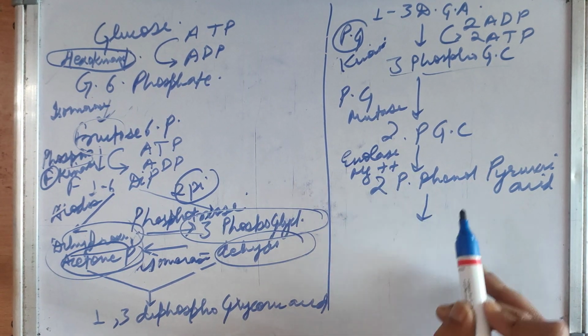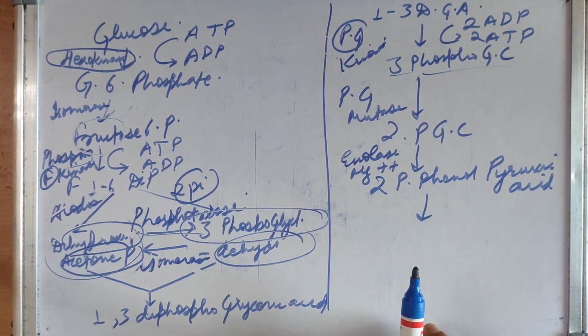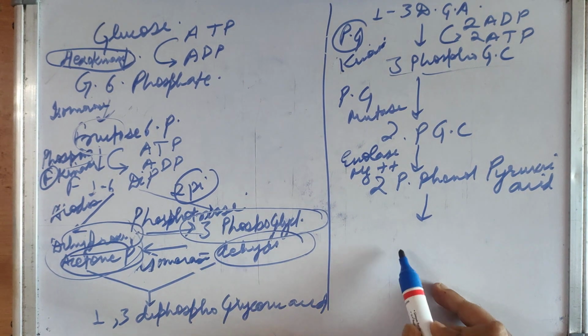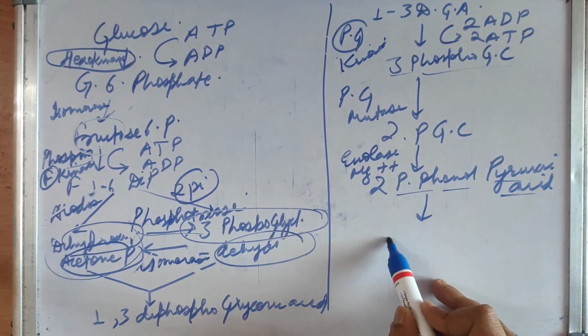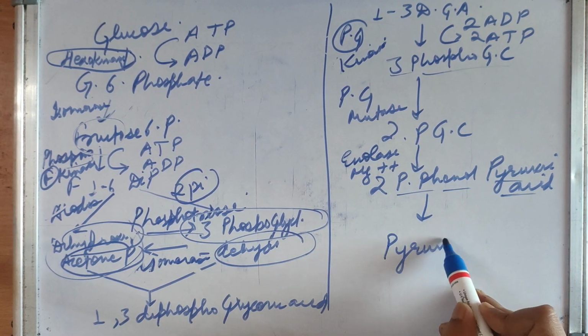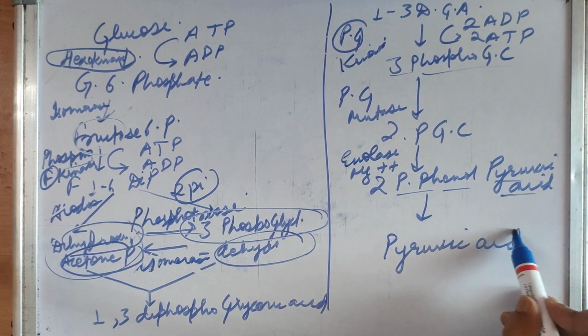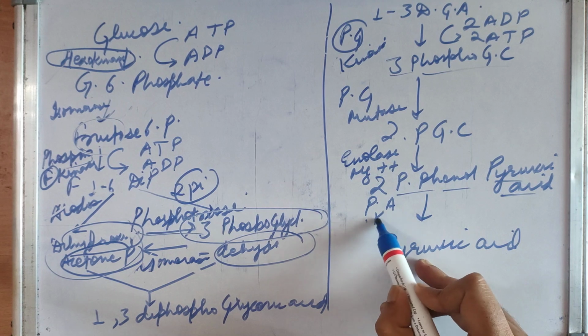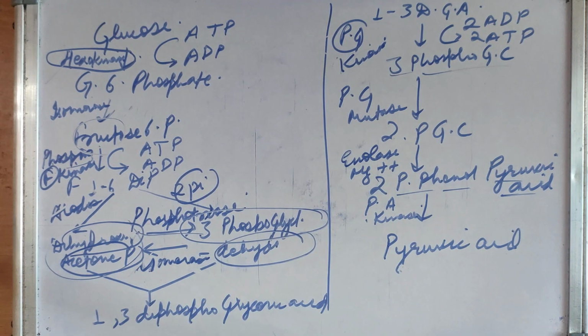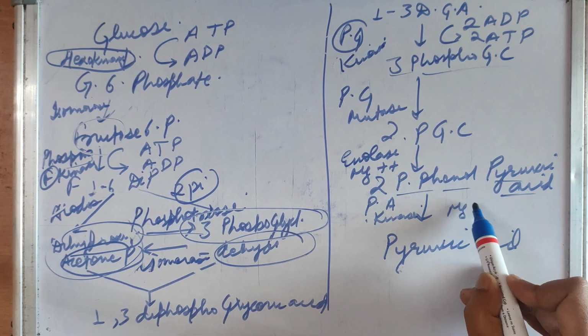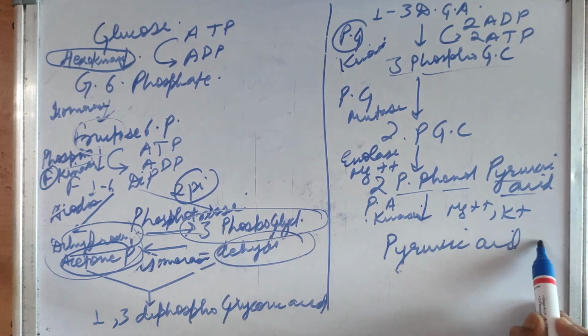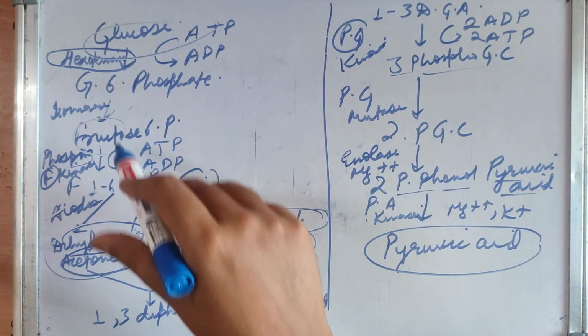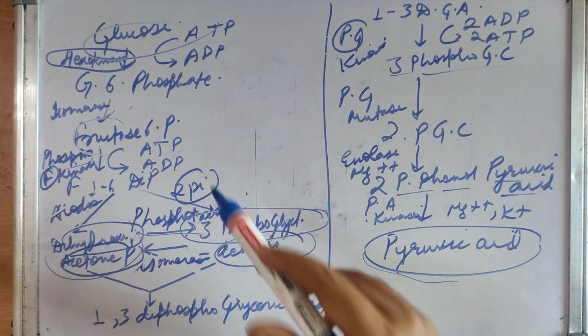And then this phosphoenol pyruvic acid is converted into pyruvic acid in presence of pyruvic acid kinase and presence of Mg++ and K+. This is how glucose through a long process converts into pyruvic acid, and it is very important.